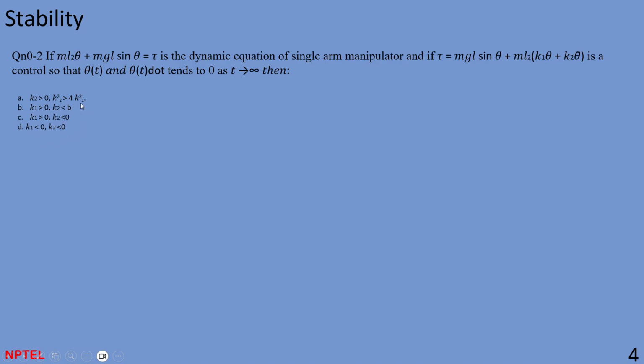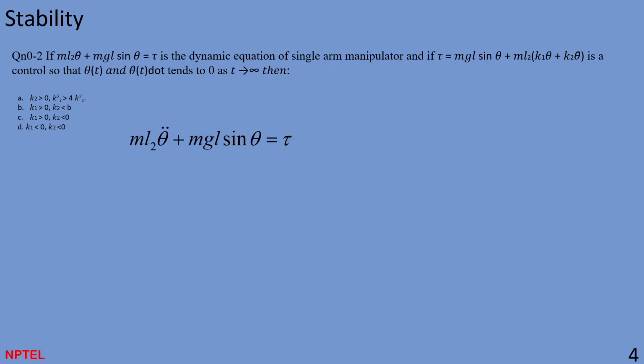So what will be the condition that allows the state to go to 0? Basically, they're telling us it is an asymptotically stable system. What conditions should be met in order to say that the system is asymptotically stable?